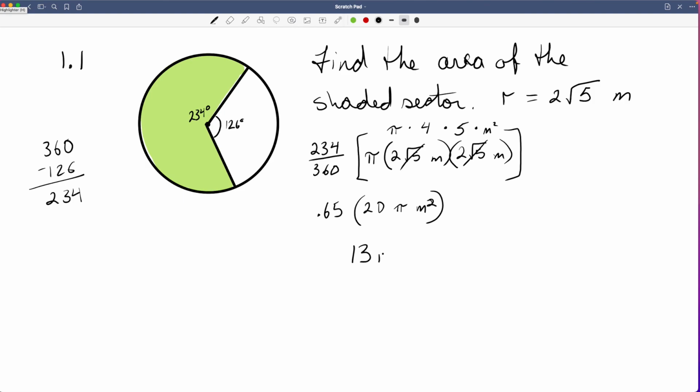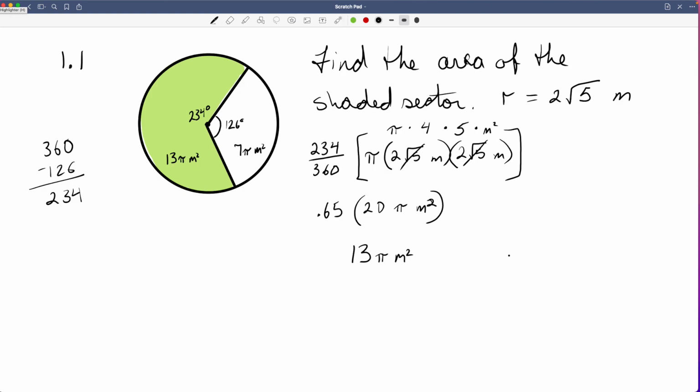So 13 pi meters squared is the area of the shaded sector. And conversely, the area of the unshaded part is going to be 7 pi meters squared, because the whole thing is 20. This is 13, so this has to be 7, because 13 and 7 make 20.